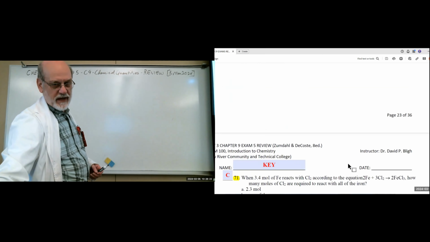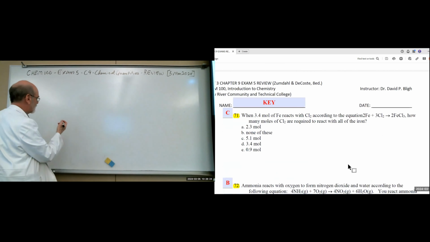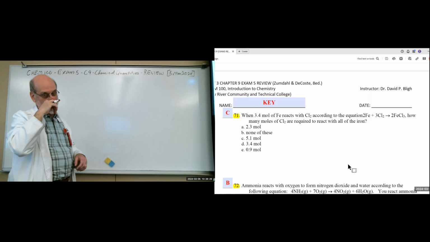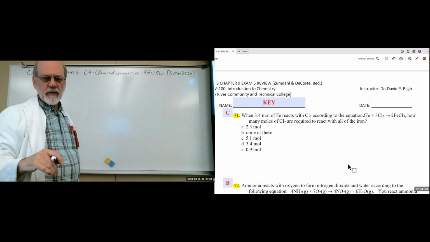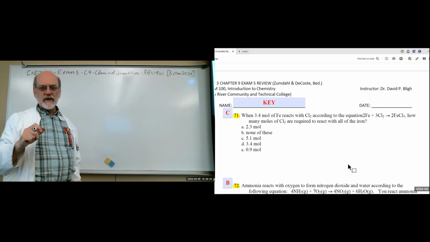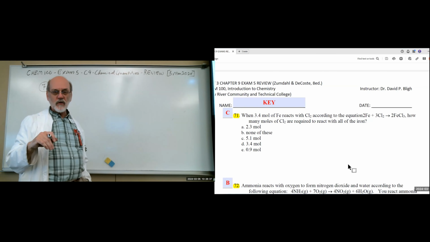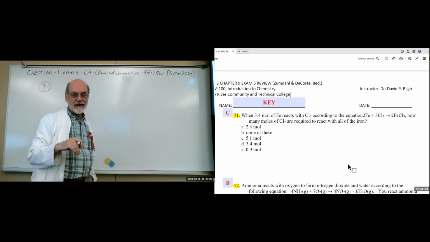And let's see who's next. 71. Yeah, I think we're going to make it. When 3.4 moles of iron reacts with chlorine, according to the equation, how many moles of chlorine are required to react with all of the iron?